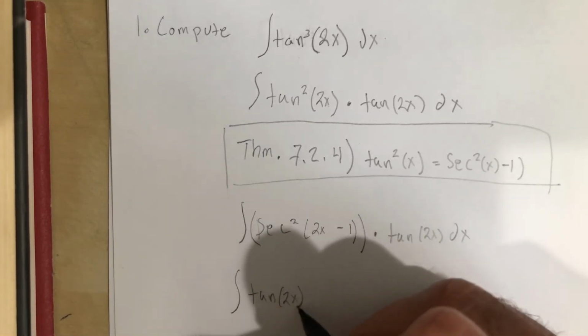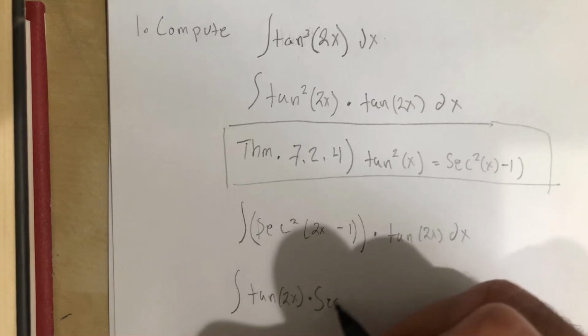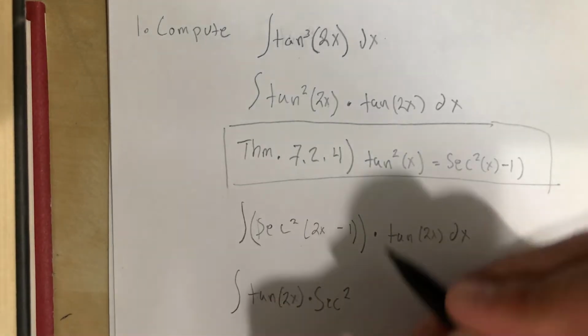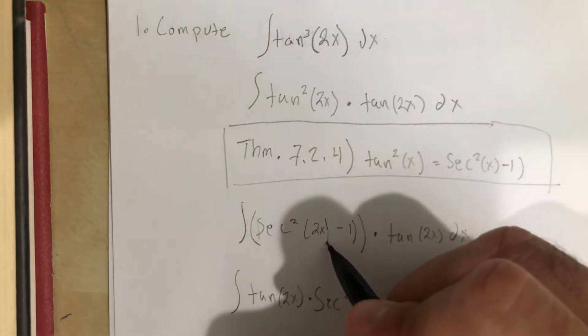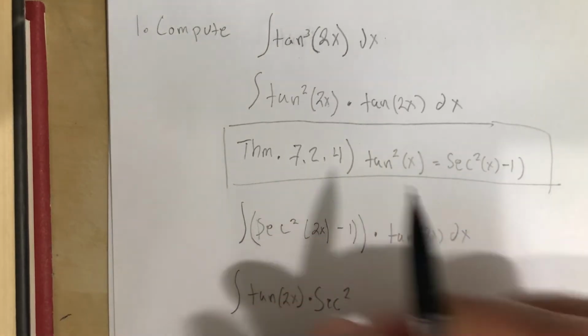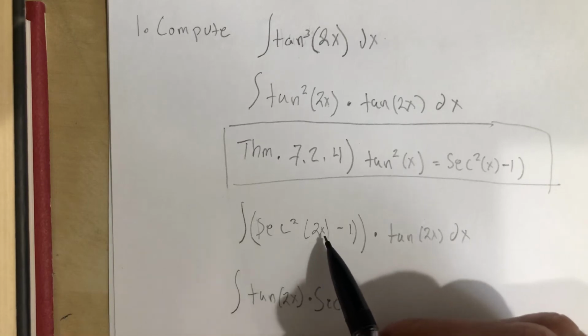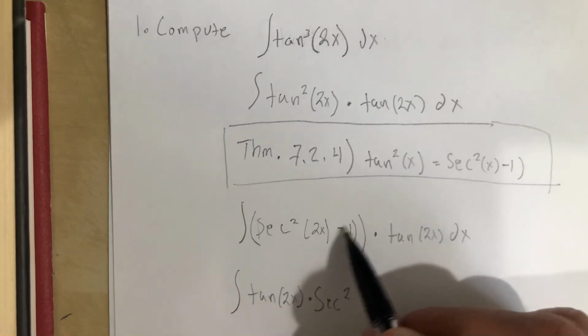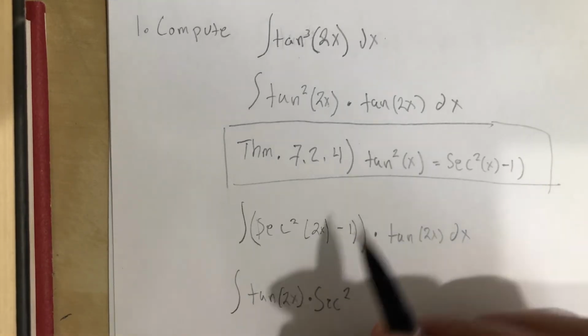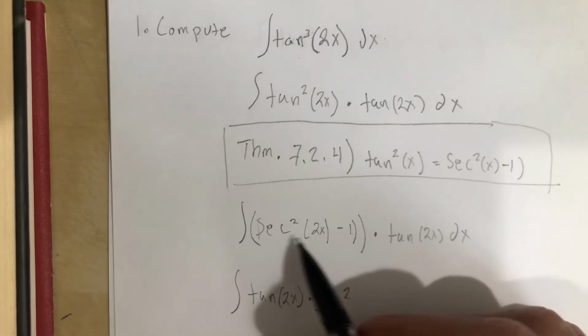Now, we need to distribute this tangent, so we're going to have tangent 2x times secant squared, and I made a little mistake here. This should be secant squared 2x minus 1, not secant squared with 2x minus 1 inside the secant. So that was my mistake. I just fixed that.